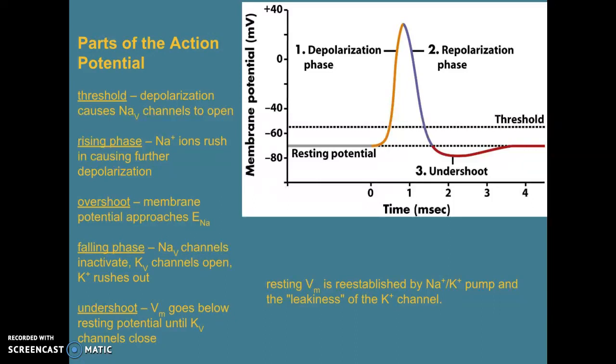And so there's going to be a rapid depolarization, and that will cause the membrane potential to go from a -70 before to approach the theoretical sodium equilibrium potential of +60.